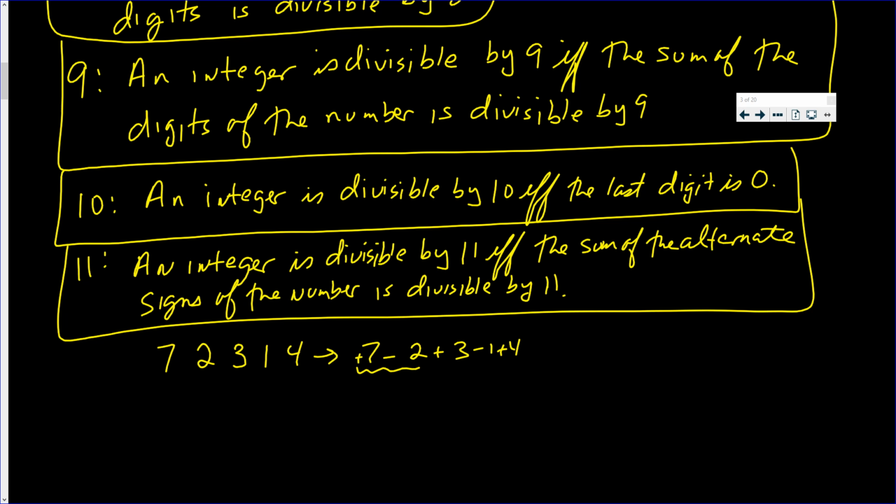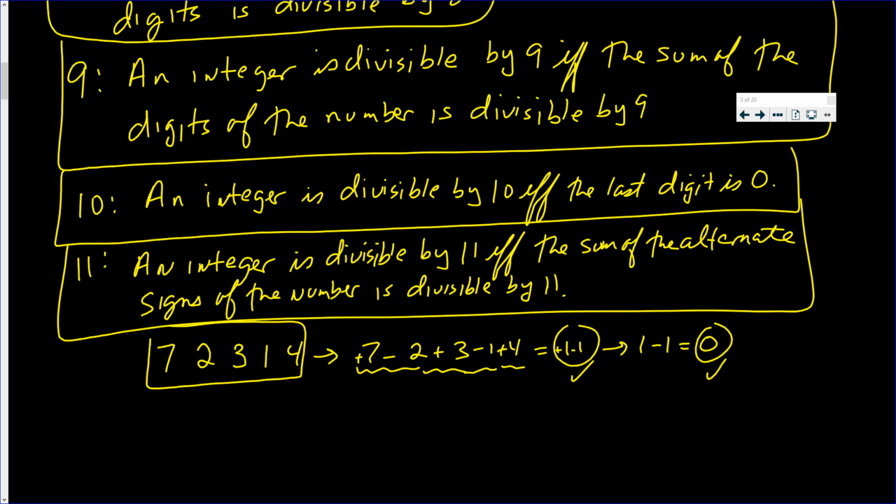This is 5, plus 3 more is 8, minus 1 is 7, plus 4 more is 11. That number is divisible by 11. You can also do 1 minus 1, alternate, plus minus, you get 0. And this number is divisible by 11. Since those are divisible by 11, so is this number.